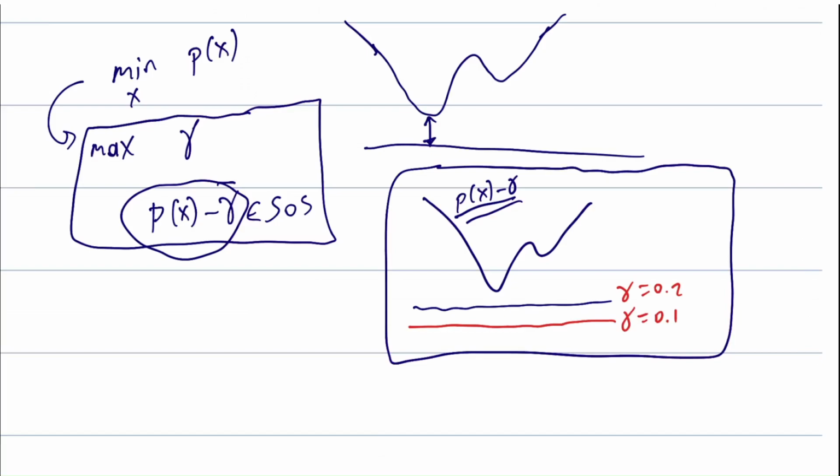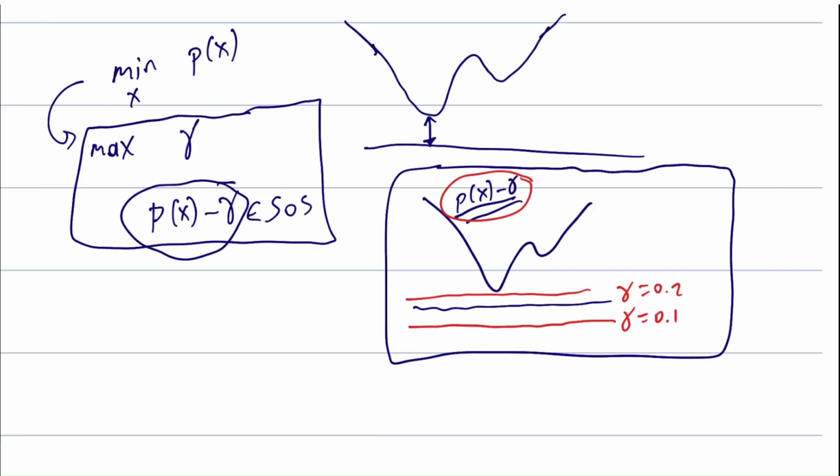Okay, so increase gamma again, until this polynomial is no longer SOS. This is a bisection problem: maximize gamma such that this polynomial is SOS. This basically covers our problem.